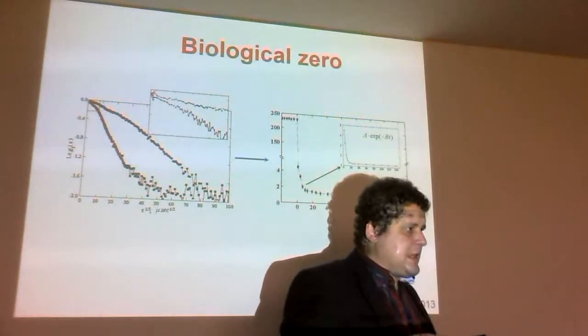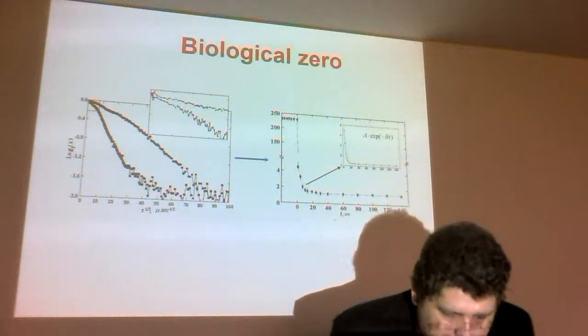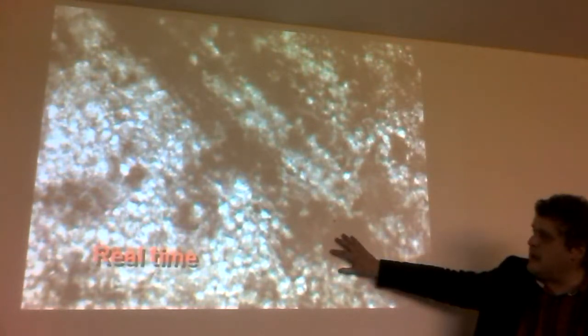But then when we started to calibrate it against laser imaging, we saw a very interesting picture. For example, you see the motion of blood in real time on the brain when the animal is dead.